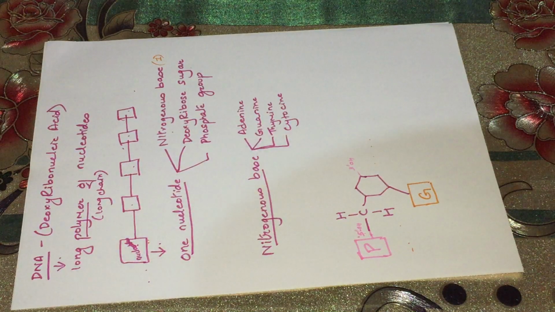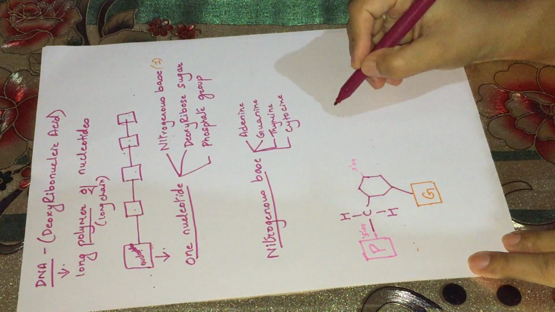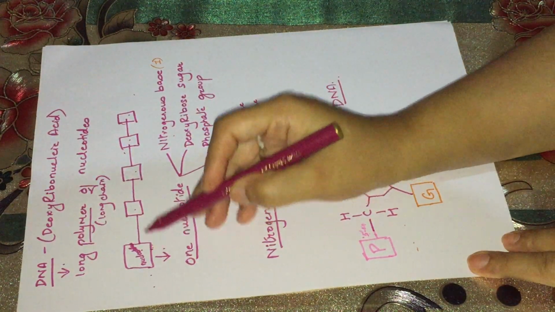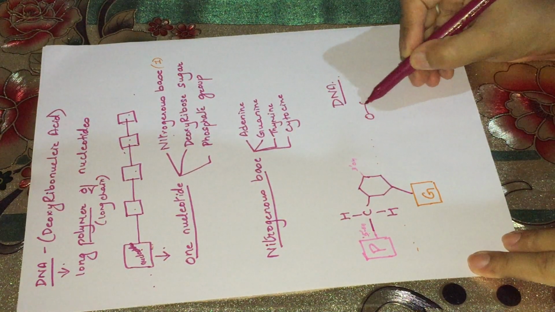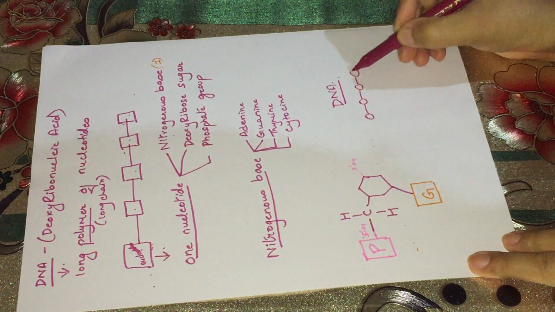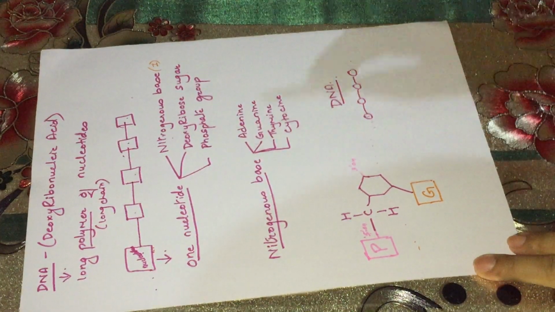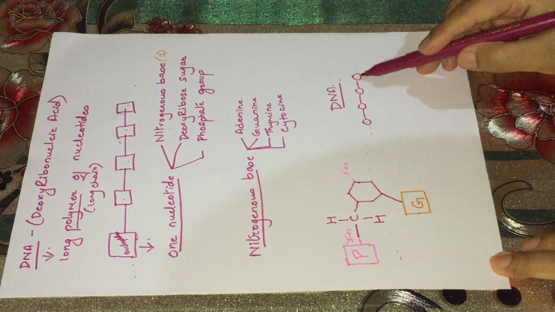Now very important, another thing is this DNA. When we talk about DNA, it is not only one polynucleotide chain. If this is nucleotides, DNA does not have only a single strand.